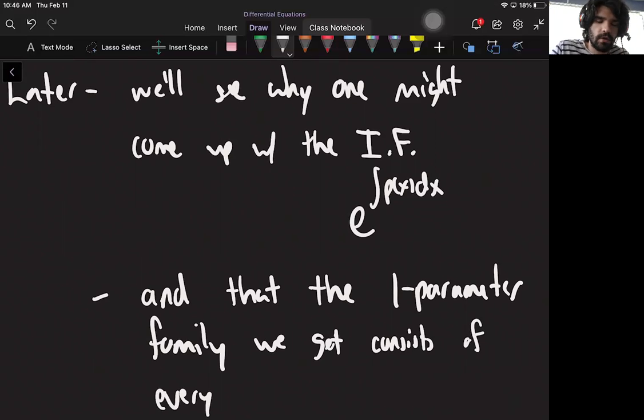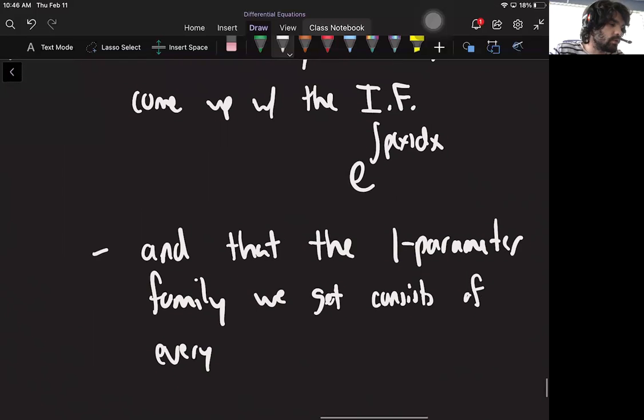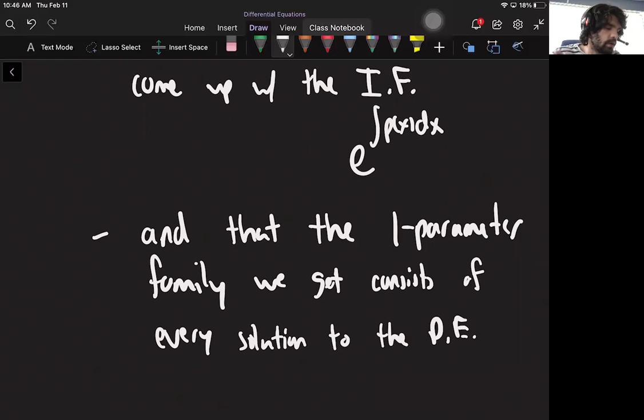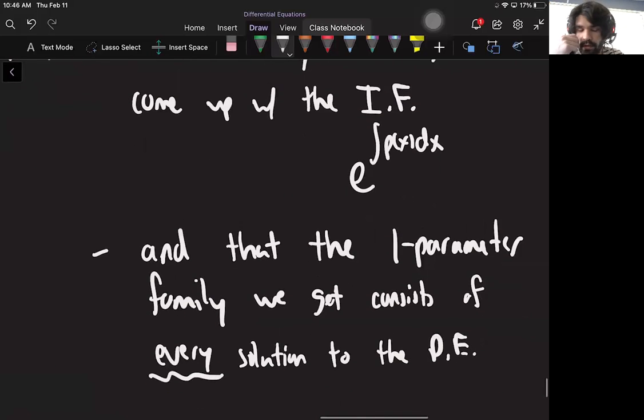All the solutions are of that form for that differential equation. And this was a question from, I think, last time or a couple times ago, which is like, okay, I gave you a technique. How do you know that that gives you all the solutions? What if there's other ones that come from different techniques? So it turns out for this technique, this does give you all the solutions, but we'll see why much later.